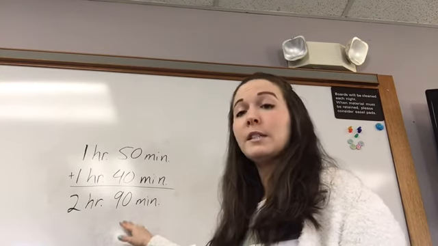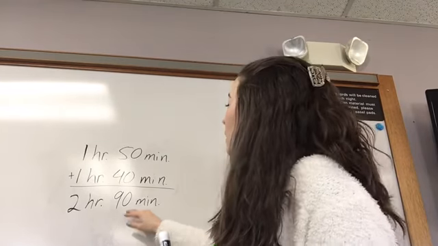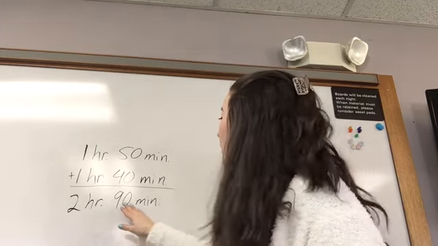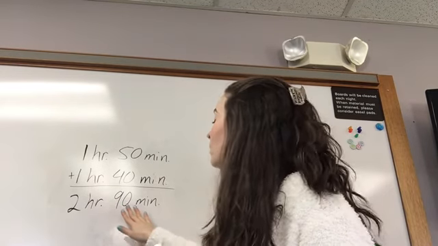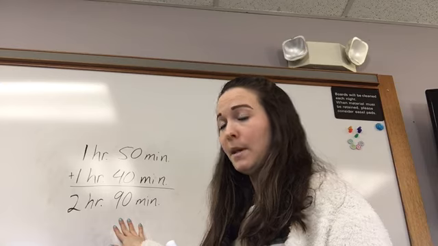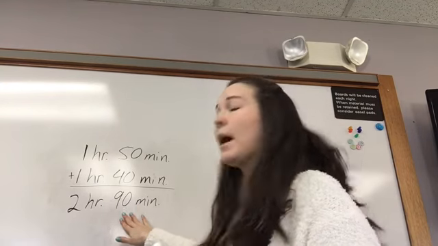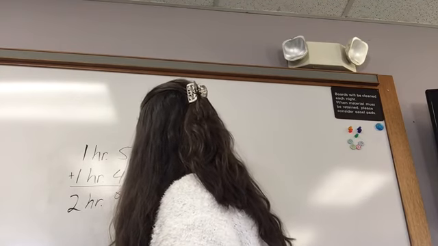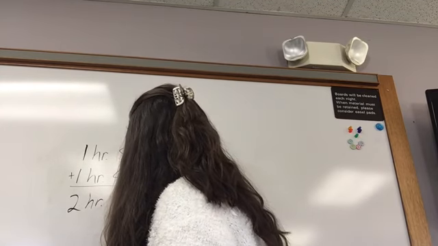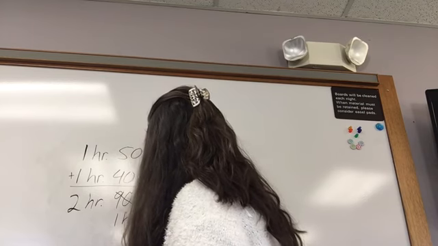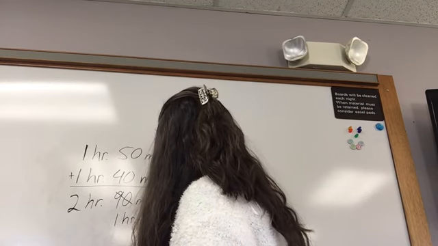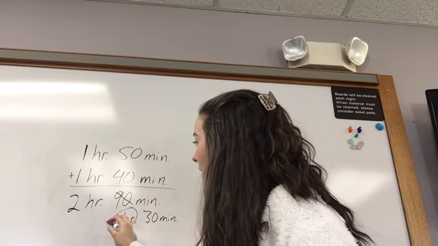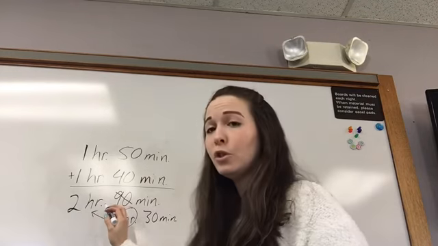Now we know that there are 60 minutes in 1 hour, so we can subtract 60 from 90 minutes. That leaves us with 1 hour, that's our 60 minutes, and if we subtract 60 from 90, we're left with 30 minutes. So this converts to 1 hour and 30 minutes.